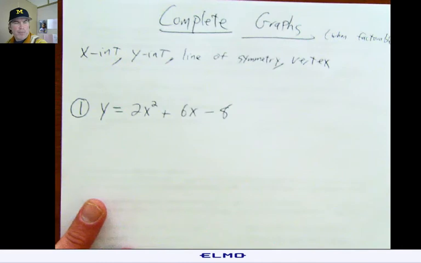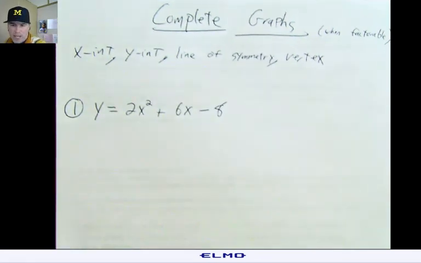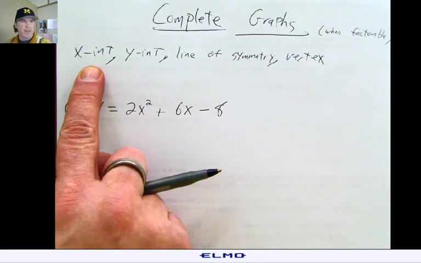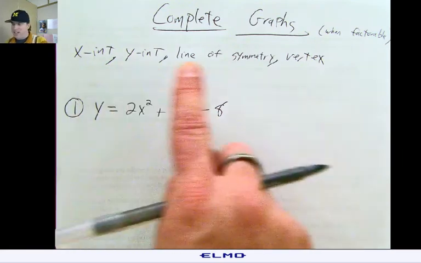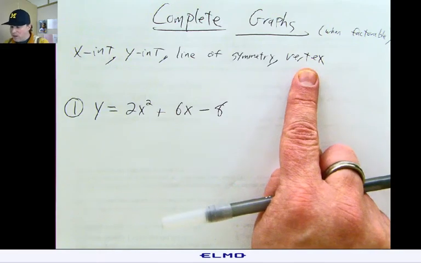Anyway, the purpose of this problem, I'm only going to do one example today, is drawing a complete quadratic graph. A complete quadratic graph needs to include the x-intercepts, the y-intercepts, the line of symmetry, and the vertex.